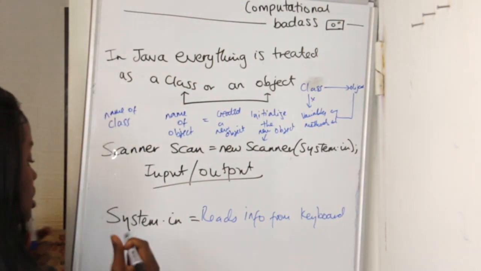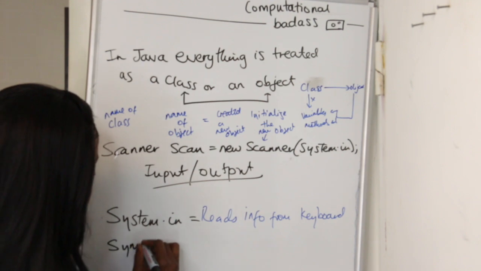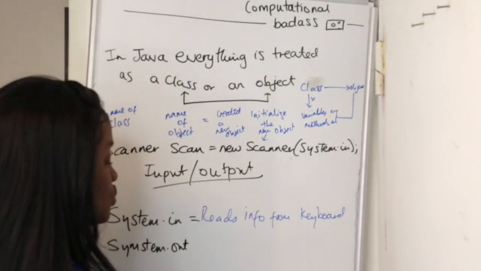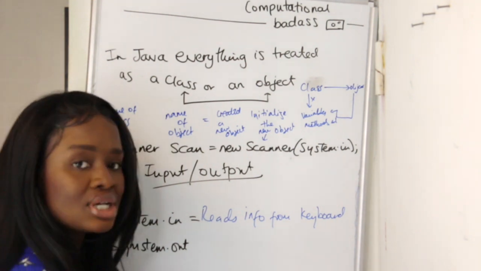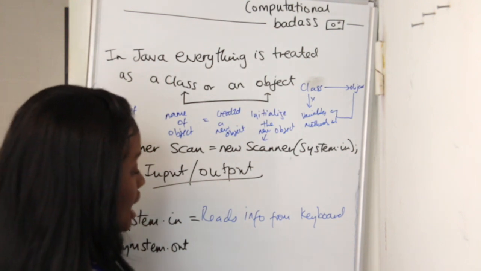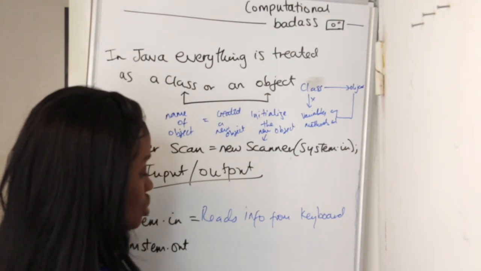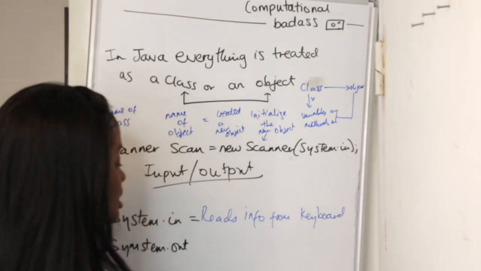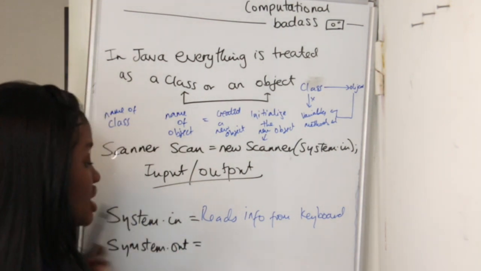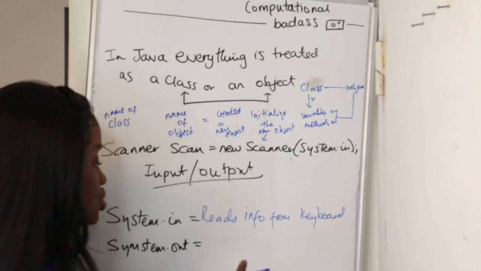Okay, and then System.out. So far, when you go on your computer and you type your code in, you've saved it, you've run it, and then it comes out on the console and it's read there, that's System.out. So that just means it's writing the data onto the screen.